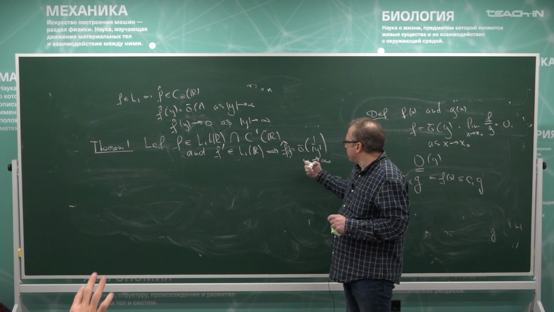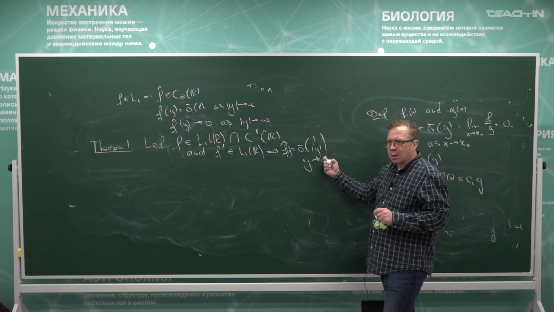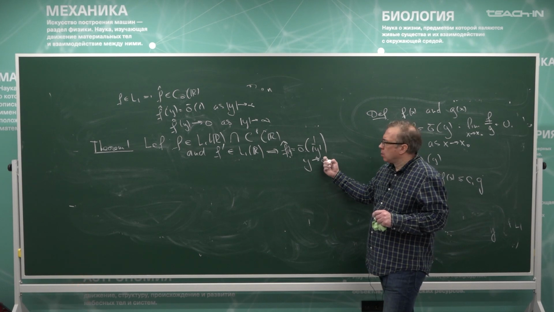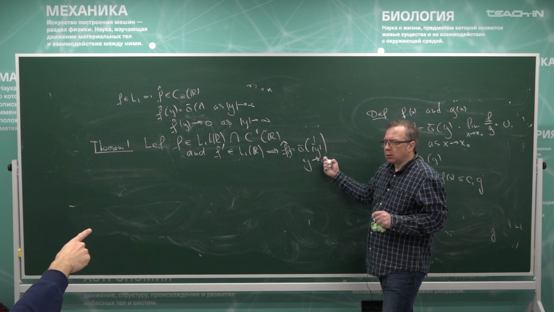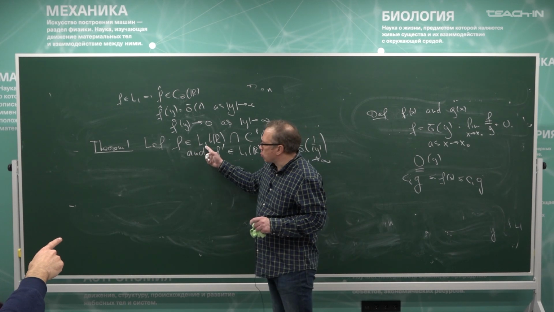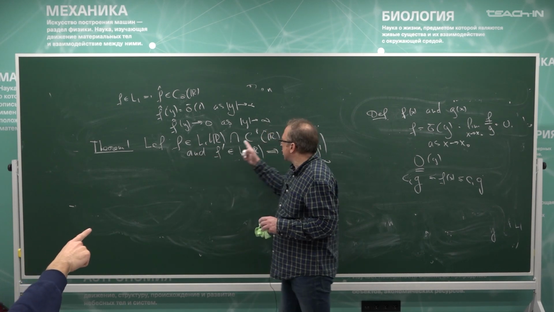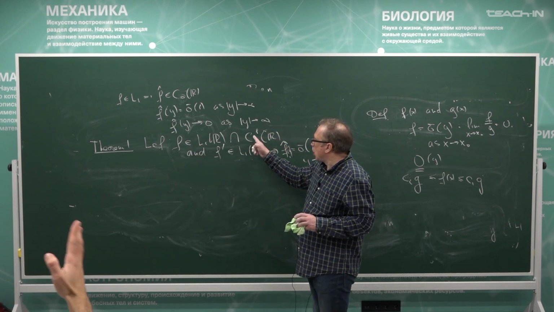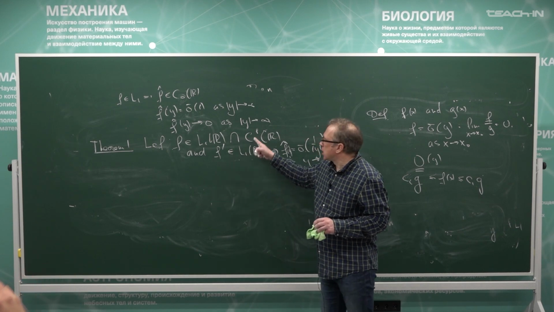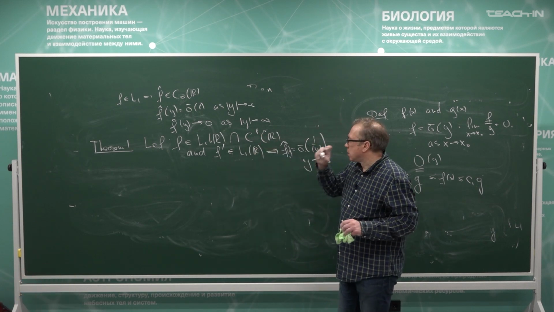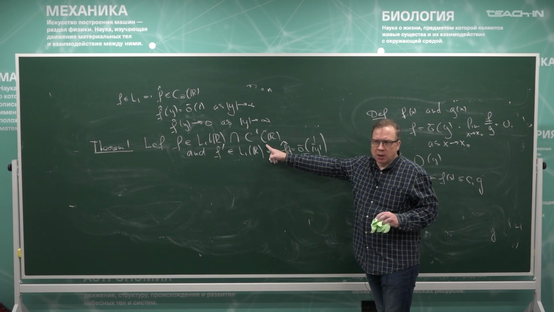The function f belongs to L1 intersected with C1, a function with a continuous derivative.